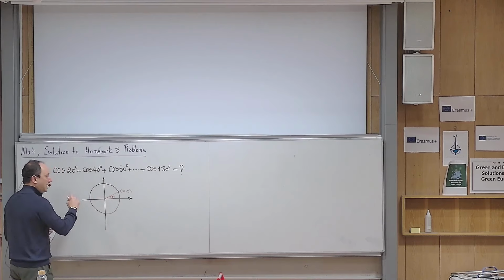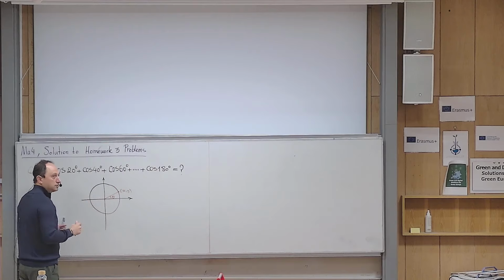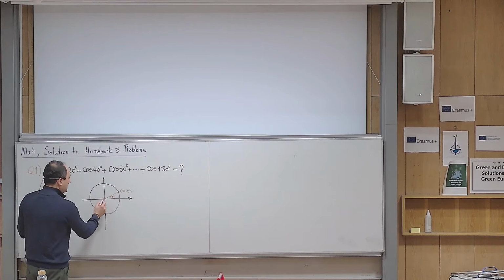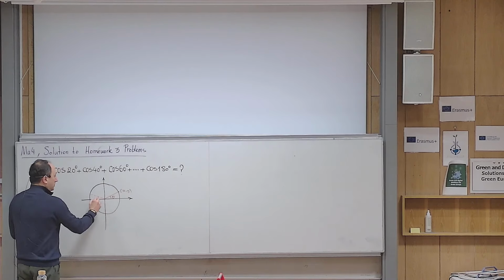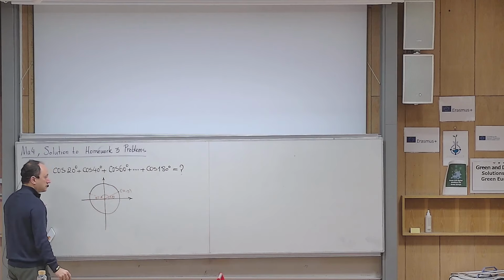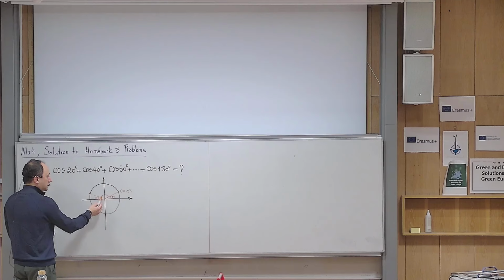Supplement means an angle so that when I add theta to it, it becomes 180 degrees. It is not that hard to see. If I draw an angle theta from here, then this angle becomes 180 minus theta, and that is the end point of that angle.